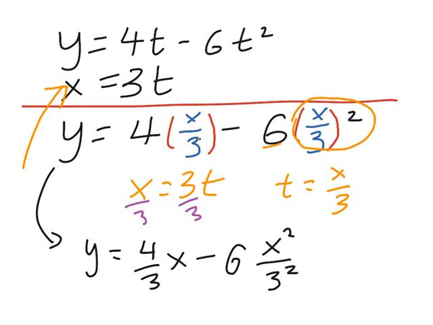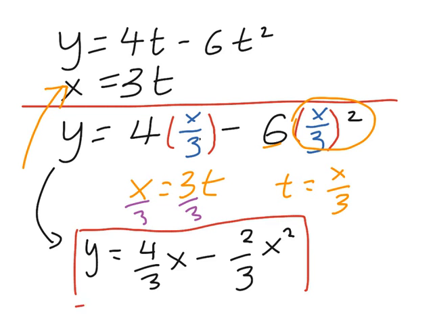Next up, 3 squared, right here, equals 9. Finally, 6 over 9, I can simplify to 2 over 3. So the answer is y equals 4/3 x minus 2/3 x squared.